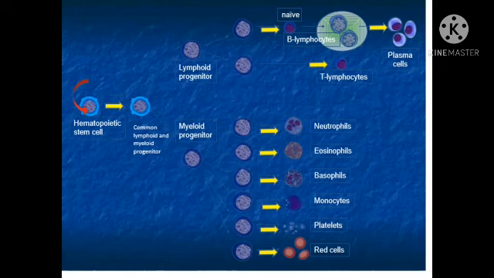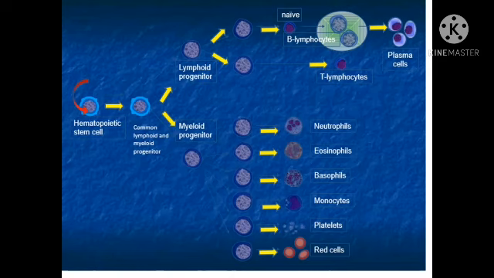As the name suggests, it's a common cell which is giving rise to lymphoid progenitor and myeloid progenitor. Now this lymphoid progenitor will give rise to B lymphocyte precursors and T lymphocyte precursors, which eventually mature into B lymphocytes and T lymphocytes respectively.